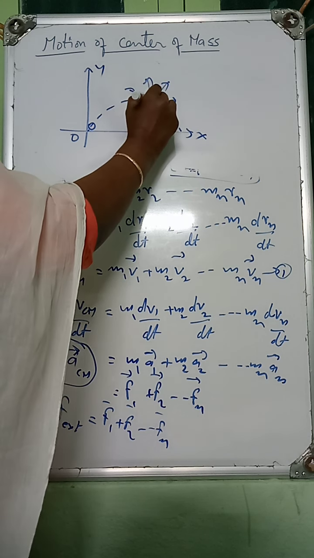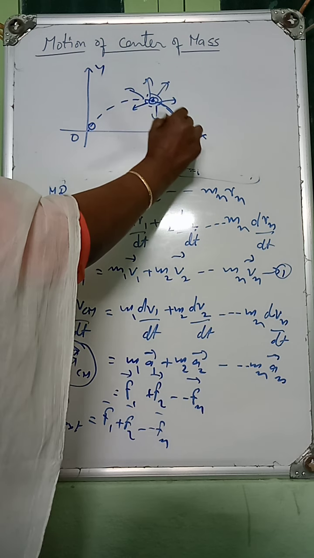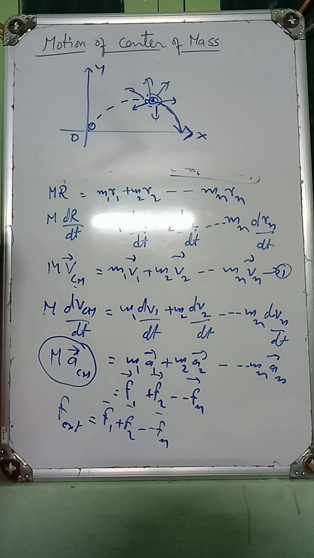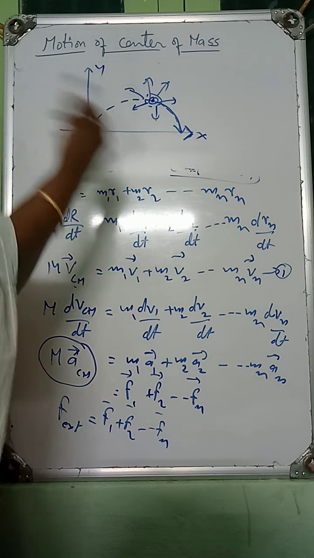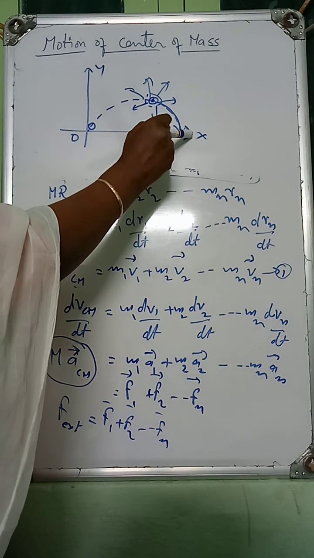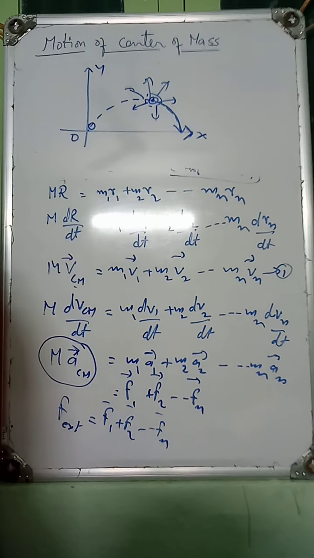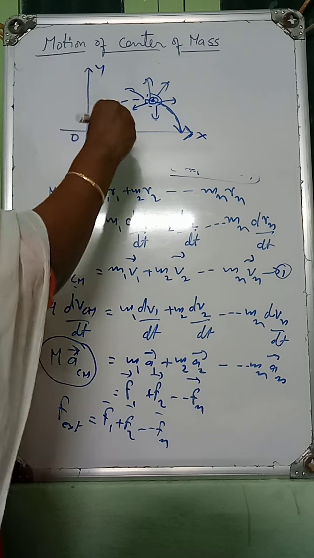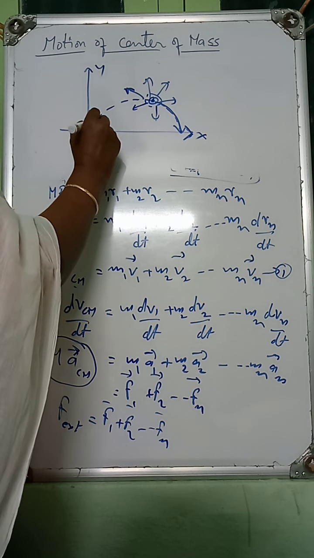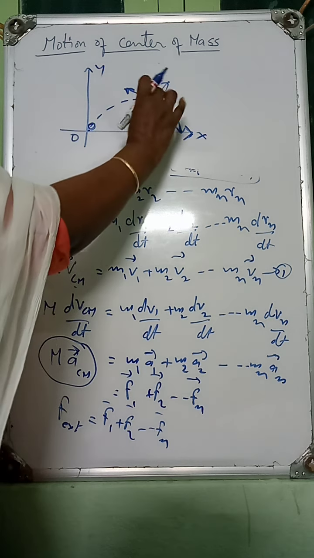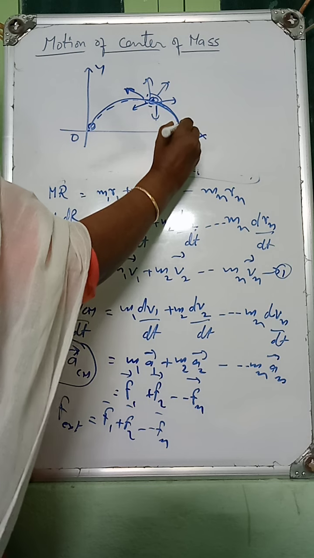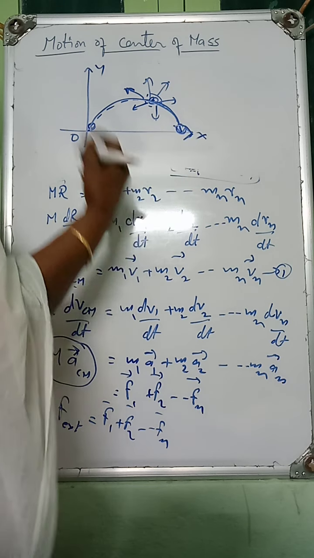But the center of mass should reach the target. Whatever may be the path traced by the remaining particles, the center of mass should reach the target. If there is no explosion in the middle, the bomb will reach this point, right?